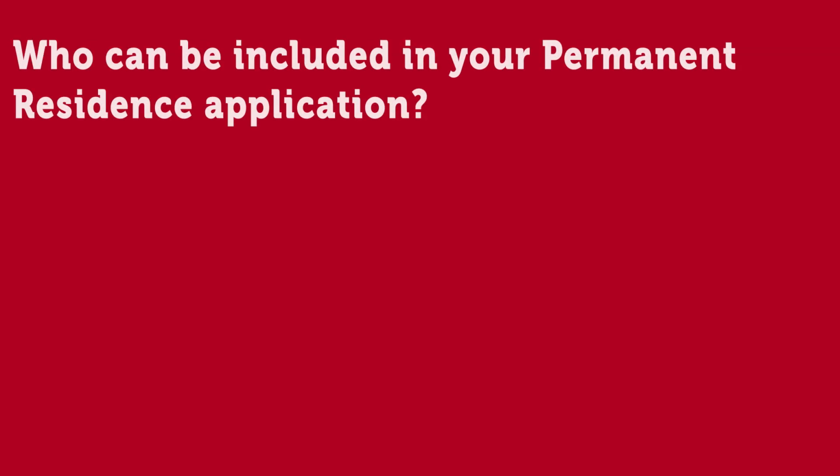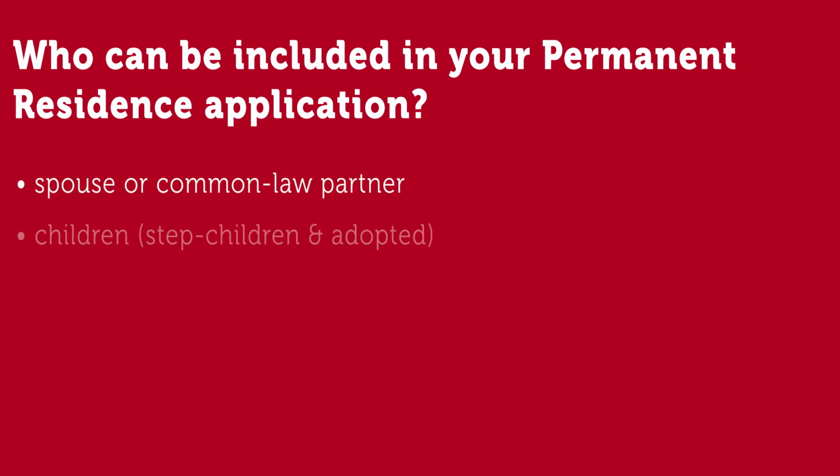Who can be included in your permanent residence application? Family members that can be covered in your PR application include spouses or common law partners, dependent children, stepchildren, adopted children, and grandchildren. A dependent child must be under the age of 22 years at the time you applied for refugee status and be unmarried.